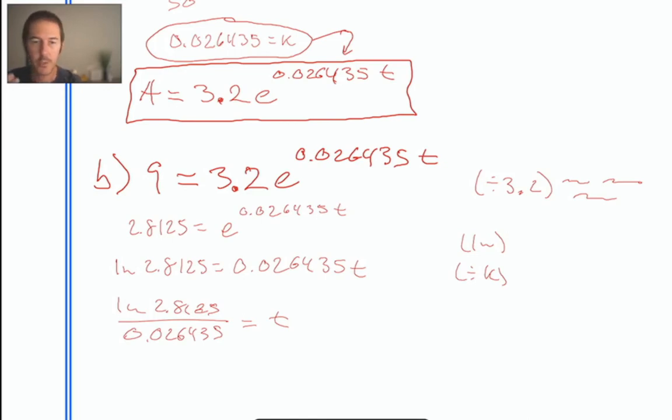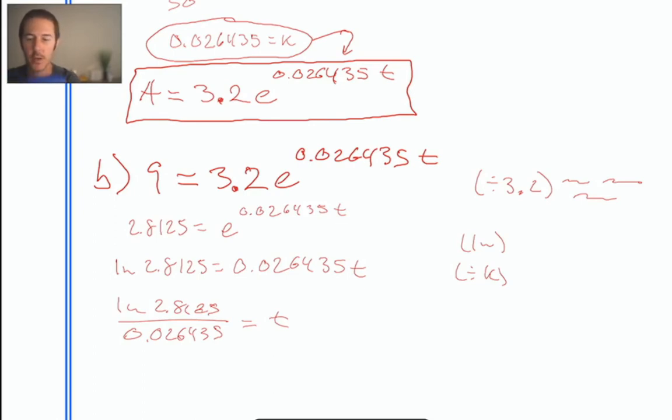So on my grapher, which is the most recent calculator I was using, I had the 2.8125 already on the screen. I'm going to take the natural log of that value. You can hit natural log, which is in the bottom left-hand column.